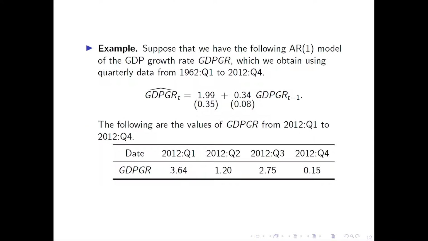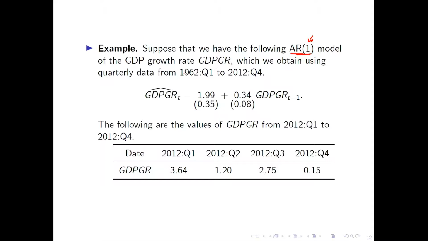To fully grasp the idea behind iterated forecast, we can look at this example. Suppose that we have the following AR1 model. AR1 means that we have one lag, and AR means that this lag is on the dependent variable itself.